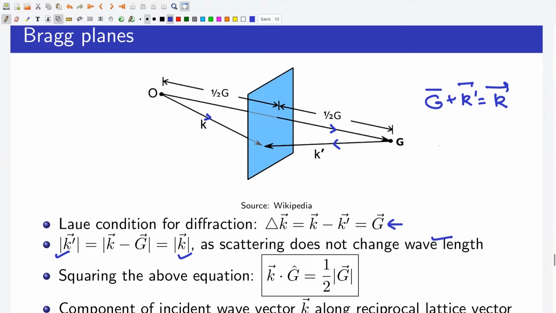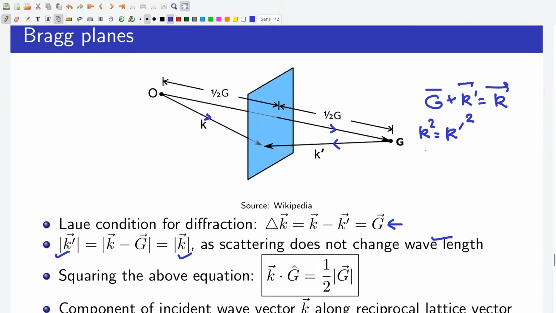So in that case, we can take this equation and just square it. If we square it, we get k square equals k dash square. This is what we are saying: the scattering does not change the wavelength, so their magnitudes must be the same.